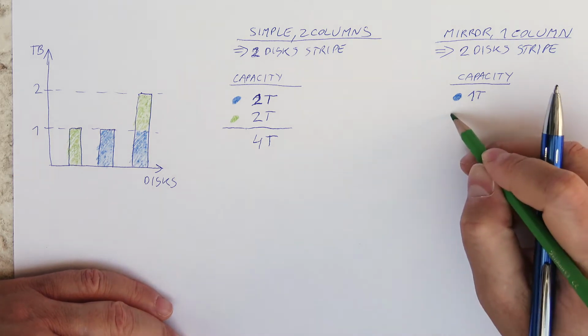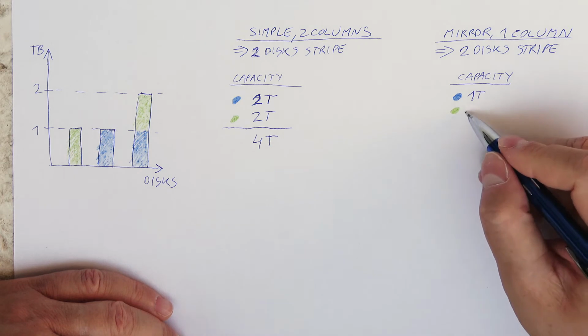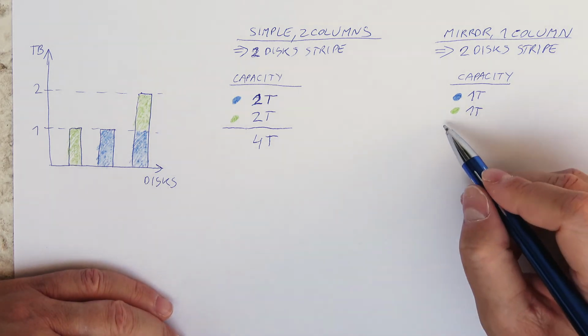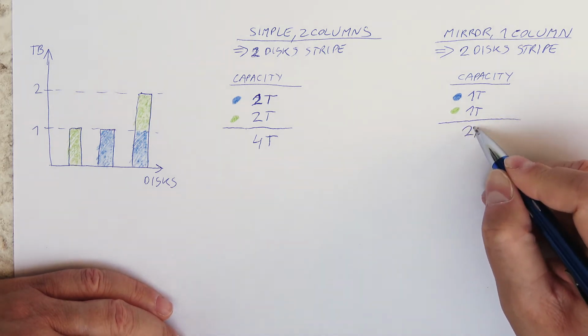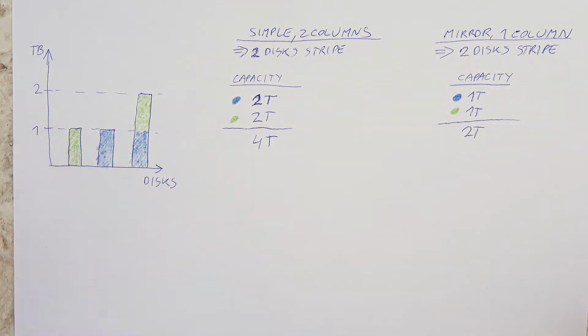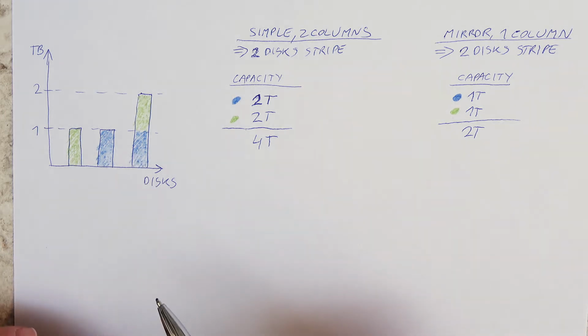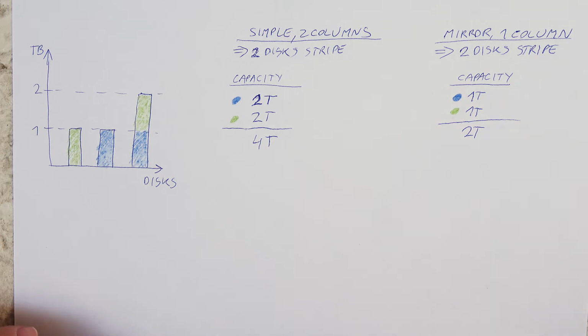And the second green stripe also is the same, 1 terabyte, which is actually 2 terabytes on disks, but because of redundancy, we have only 1 terabyte, and total capacity is 2 terabytes. All space is used, and we are good. Even though we have different sizes of the disks, we can use entire space without any unusable space and get full speed. Okay?